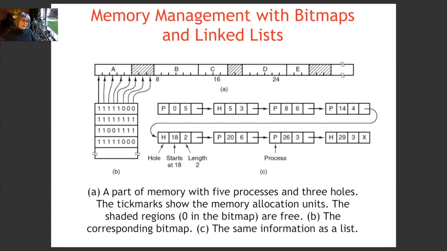Here, it is full for the unit 0, then for unit 1, etc. For each unit here, if there is 1, it means that it is not not free, and here 5 units are reserved for process A. Then comes 3 units which are free, and then continue.